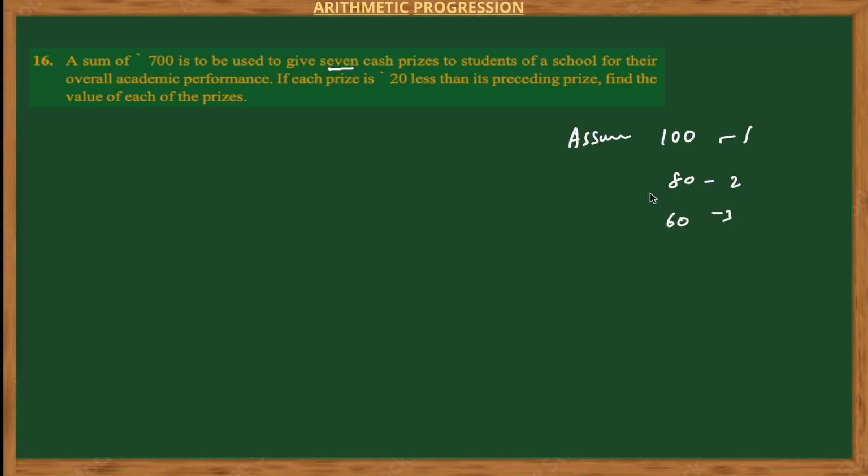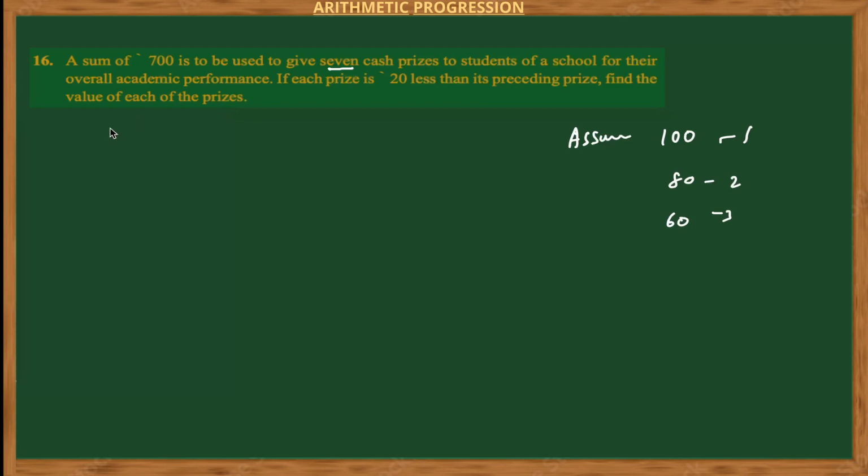This is how it is going to form a sequence. When this sort of question comes, we need to find the value of each of the prizes, so it is trying to find the price here.